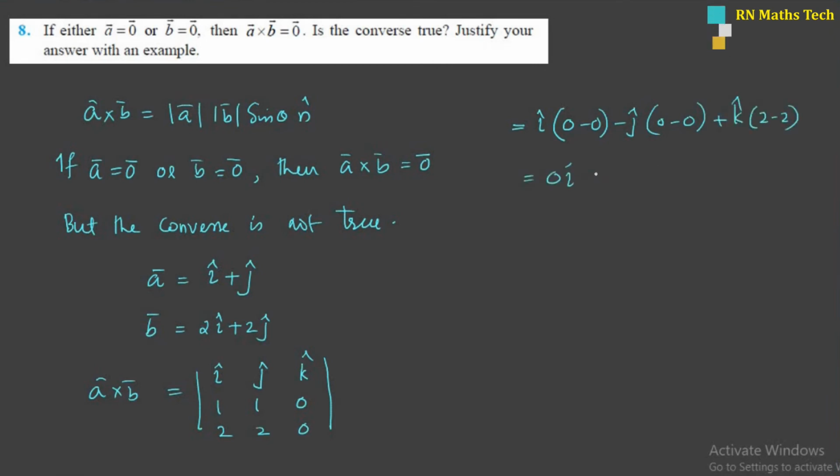That is 0i plus 0j plus 0k, that is 0 bar. That is, A cross B is equal to 0 bar, but A bar and B bar are non-zero vectors. So the converse is not true. That is, A cross B is equal to 0, but A bar and B bar are non-zero.